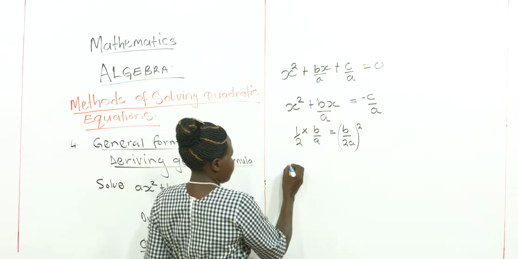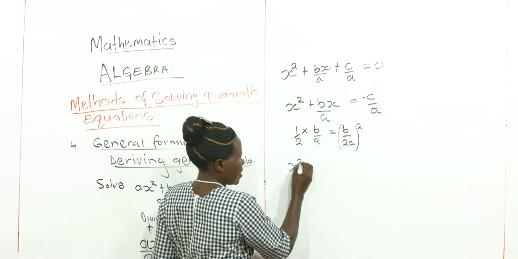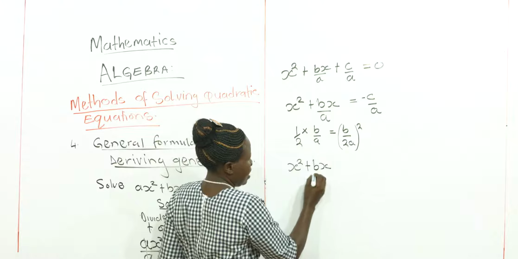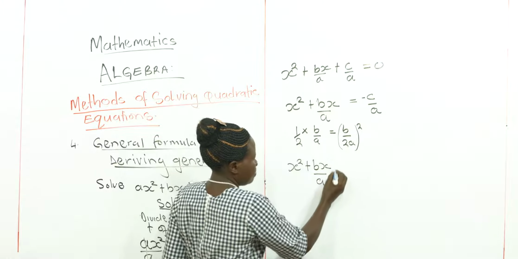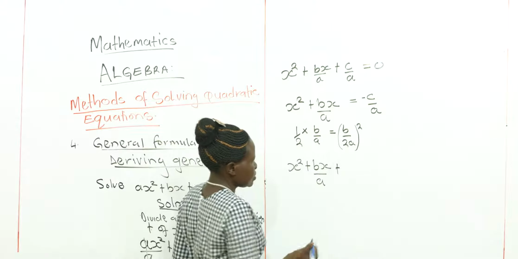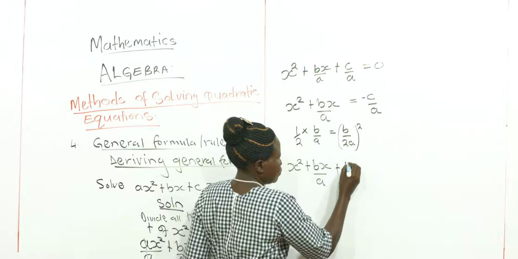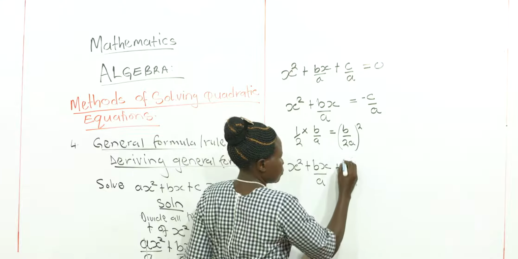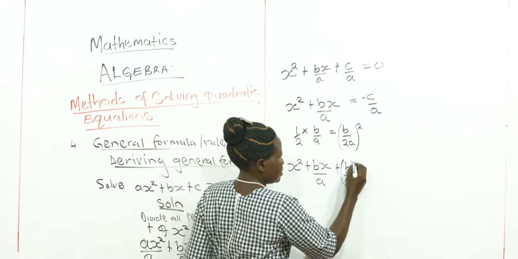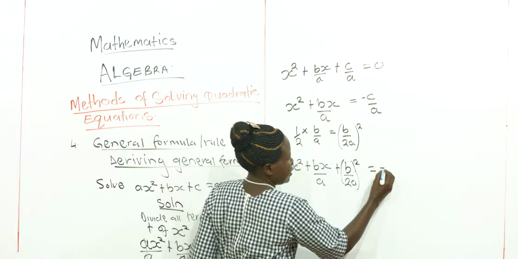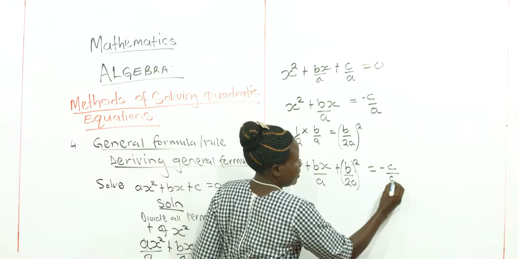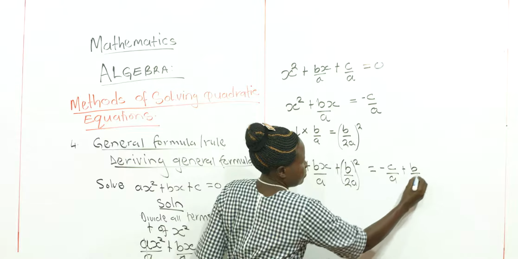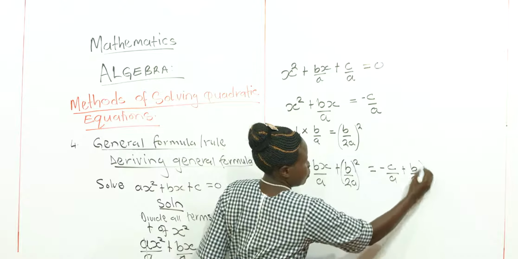That means we have x square plus b x out of a, plus b out of 2a squared, equals negative c out of a plus b out of 2a squared.